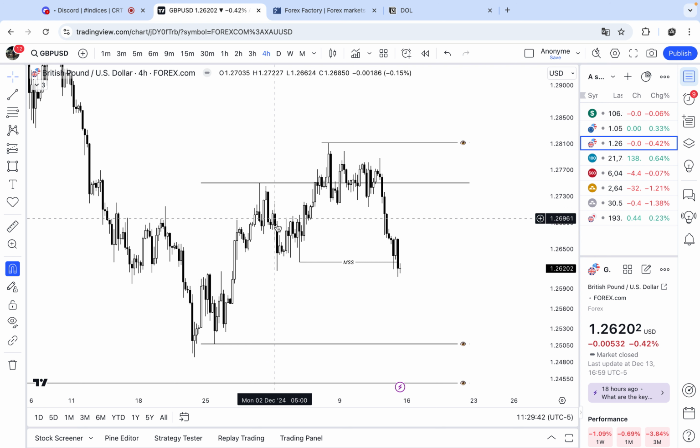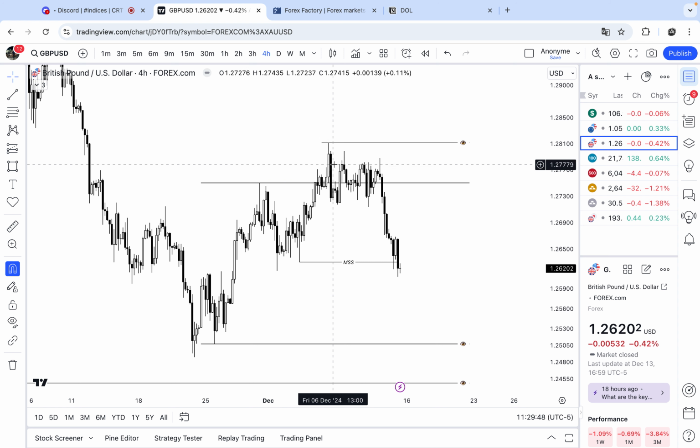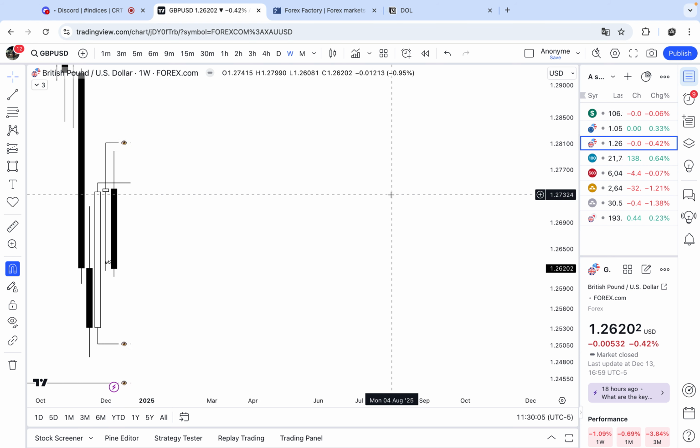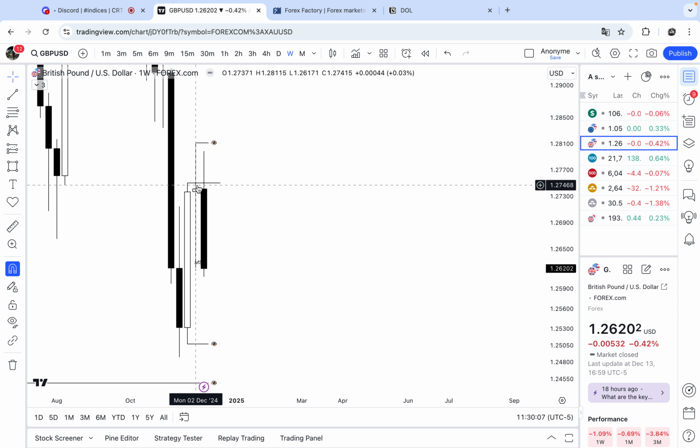So right now your question is, can we anticipate a market structure shift if this high gets broken? If the weekly bullish candle, the first candle, and the second candle purges the first candle, can we anticipate that the market structure shift will happen on the 4 hour time frame?